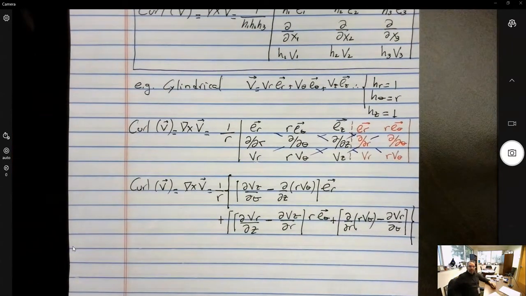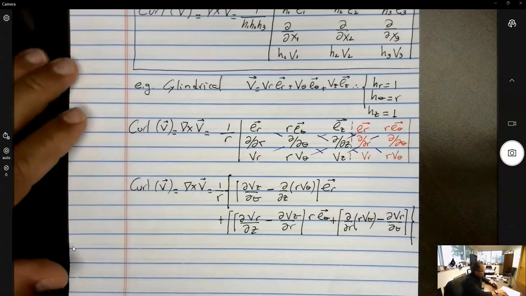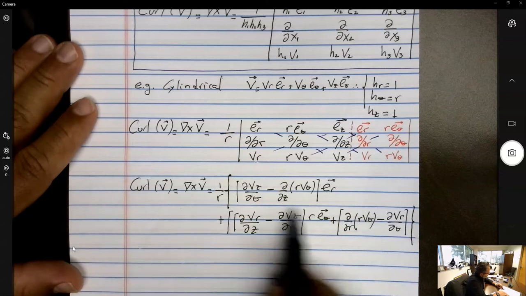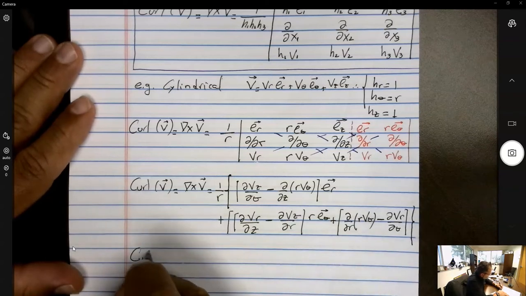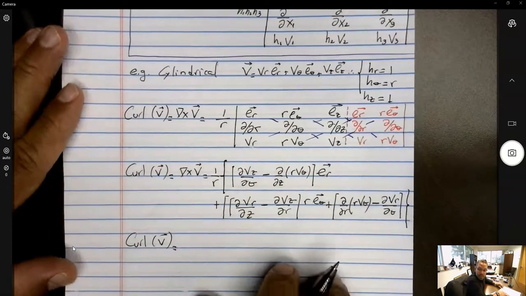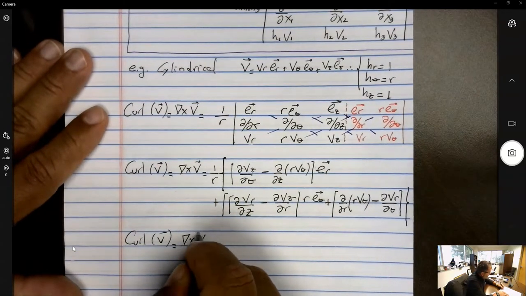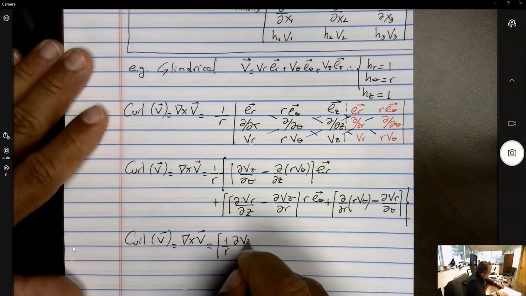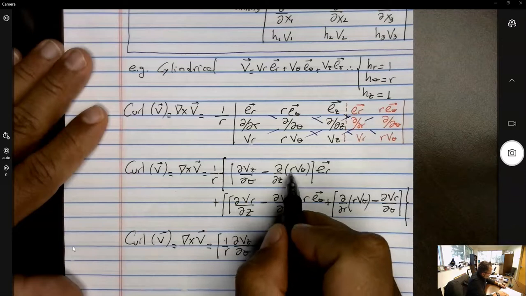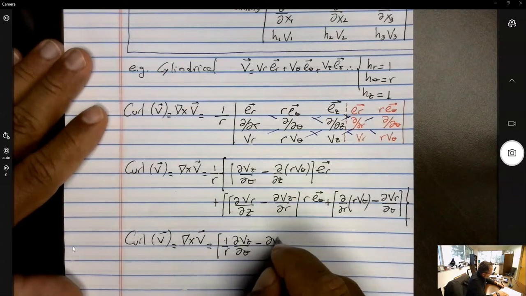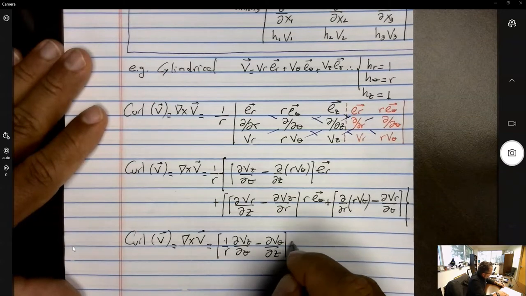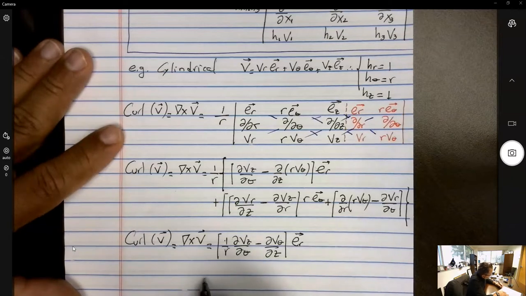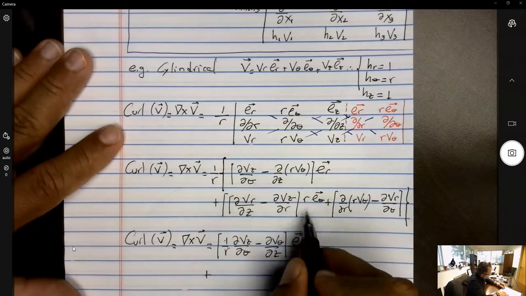All right. Now I'm going to take that 1 over r and multiply it through. So the curl of v can be written as del cross v. This is the 1 over r, so this goes like this: 1 over r dvz/d theta, and then this r can come out and cancel, minus dv theta/dz, in the r direction. In the second one, you can see that this r and this r cancel each other out.